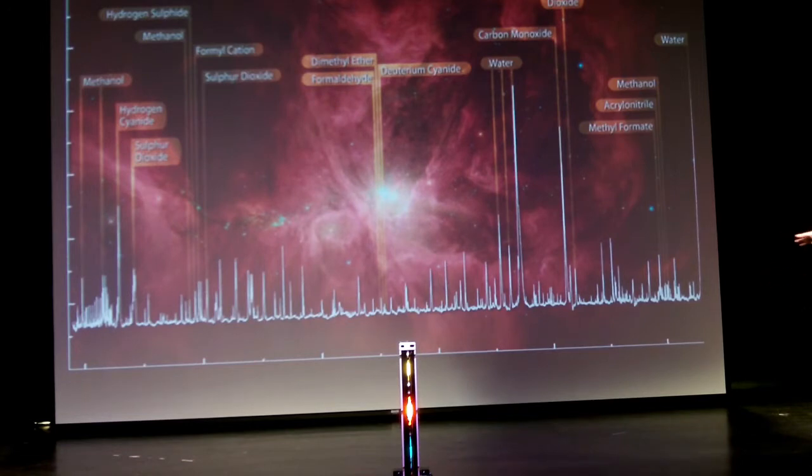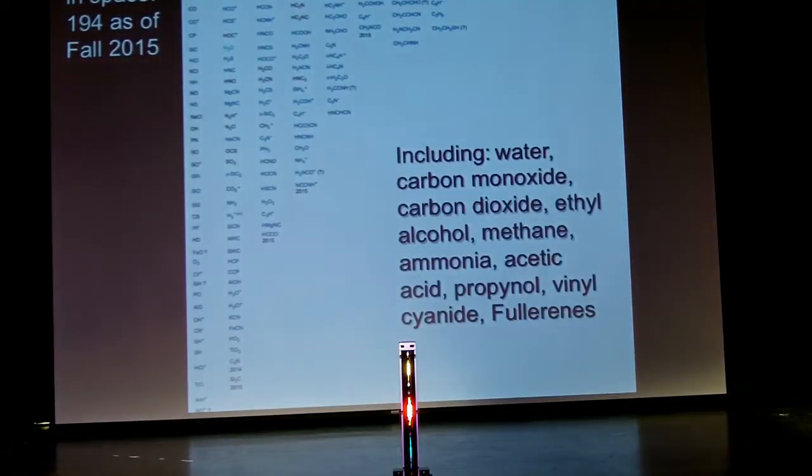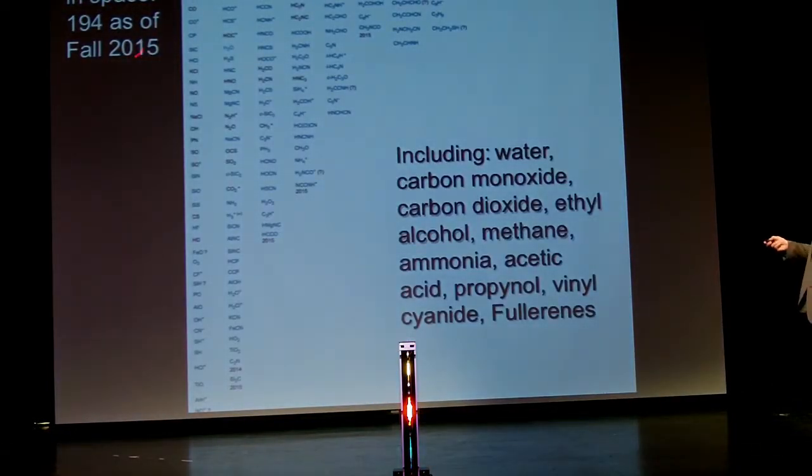And using a computer program, you can separate these things out and figure out how much there are of various ones. There are people doing whole PhD theses on this spectrum right here. Here's the list. This table is only good as of about a year ago. There are a couple more things to add to the list. But as of last fall, 194 molecules have been detected in space.